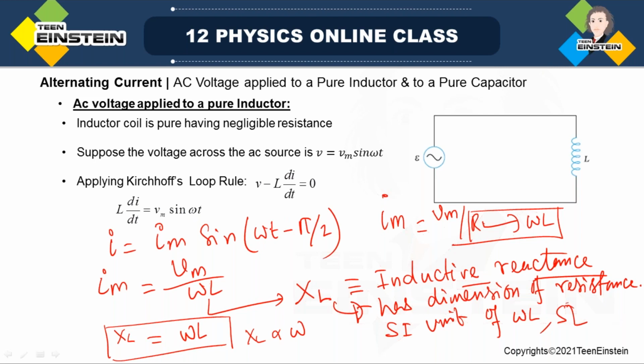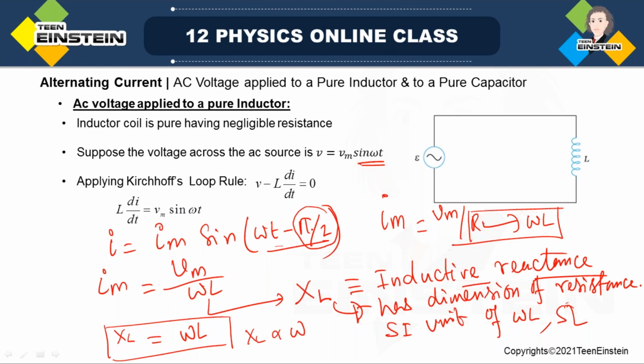Okay, you can see one thing, that current has got a phase omega t minus pi by 2, whereas your voltage has got a phase omega t. That means your current is lagged by 90 degree or pi by 2 phase angle. This means your voltage is leading and your current is lagging.